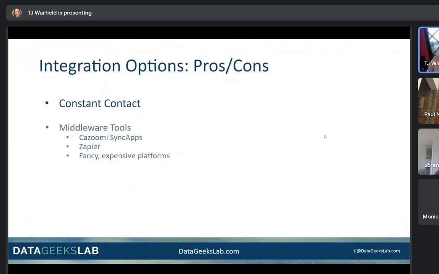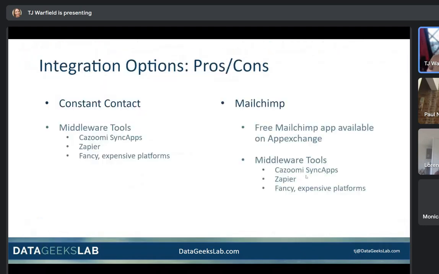On the Zapier front, you can use Zapier on either of these two. Zapier is a lot more hands-on. You need a lot more technical skill to get this set up. Unlike Cazoomi, where it's all configured, you just go through screen by screen, your little wizard of, I want it to do this, I want it to do this, and then it just kind of runs in the background.